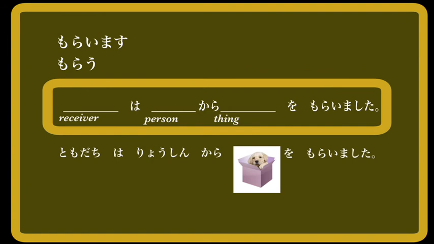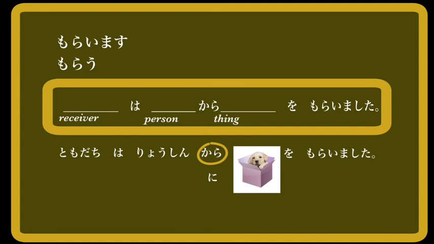Tomodachi wa ryōshin kara. Now, kara literally means from, and we do have an alternative. We can actually use the particle ni as well here. And that does seem a little bit confusing because it's not going in the direction of the parents. But in Japanese grammar, there's a couple of things we just simply have to learn. Tomodachi wa ryōshin ni, or ryōshin kara, inu o moraimashita.